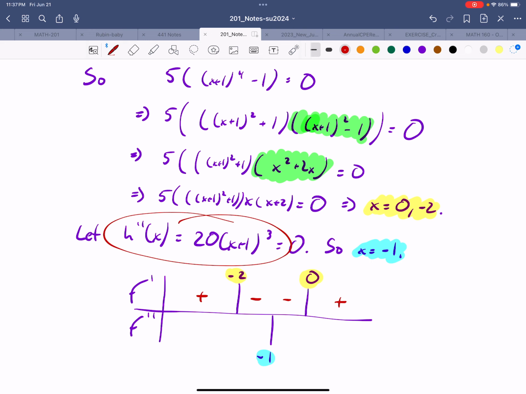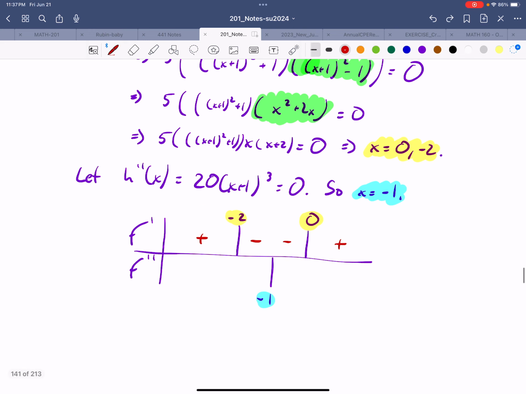Here, if we plug a number into h double prime, the second derivative, if we plug in like negative 2, just note that we'll get a negative number. Plug in a number bigger than negative 1, we get positive.